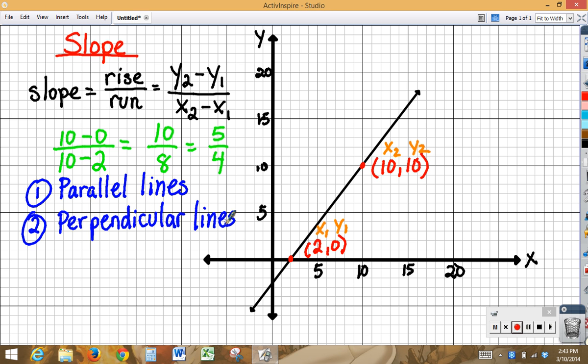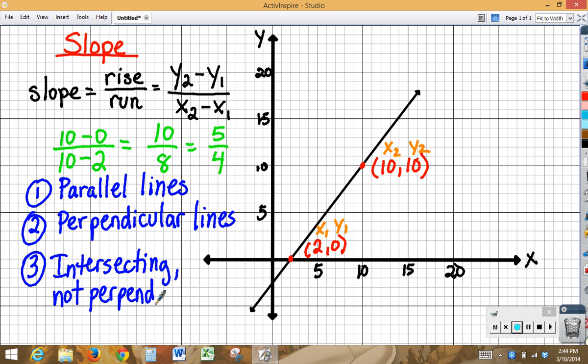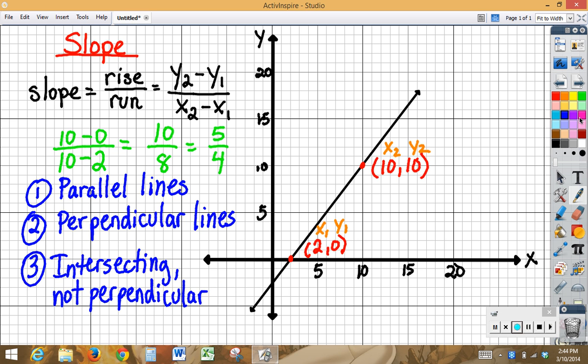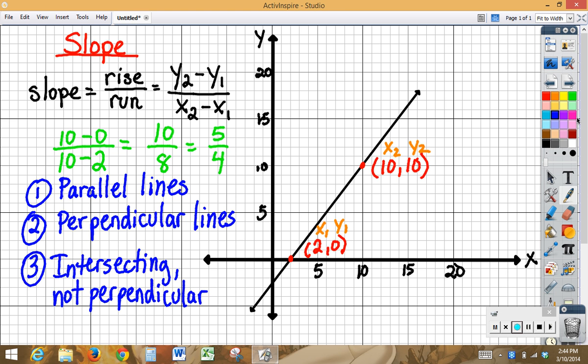And then 3 is intersecting, not perpendicular. So those are the only 3 possibilities. So we're going to talk about all 3 of these possibilities in terms of the slope. Actually, we're going to talk about the first 2 in terms of the slope because the third one we don't really care about.